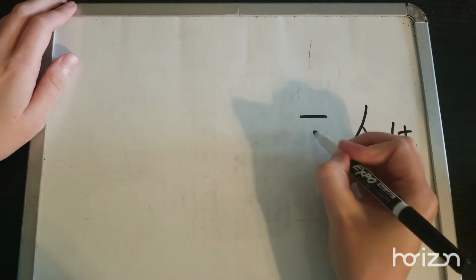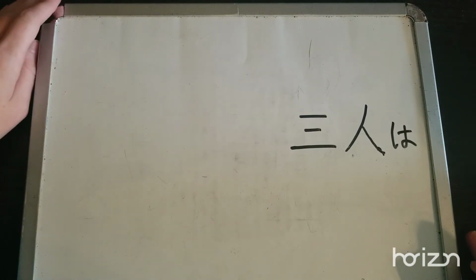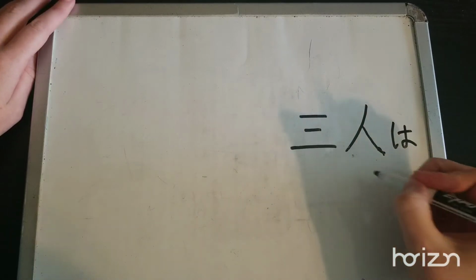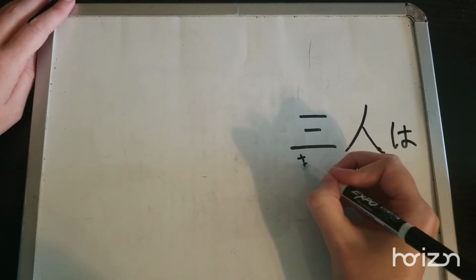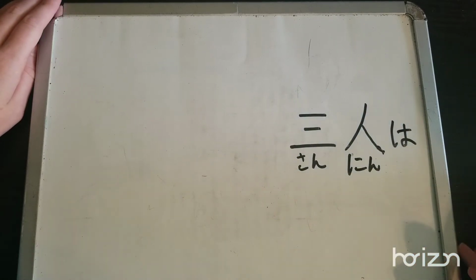If I have a kanji or a Roman Arabic numeral before this, it will usually be pronounced nin. Sannin wa. Sannin.